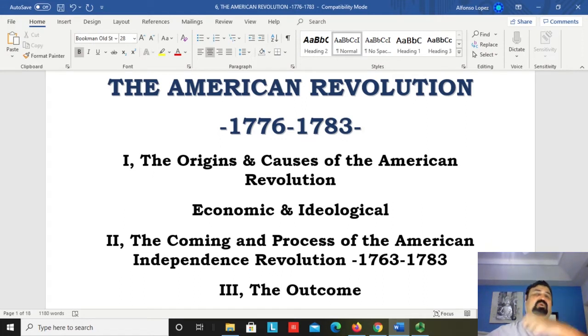So we have to go back in time, not just a few years or even a few decades, but rather, again, going as far back as to look at the early origins of the problems that the colonies were experiencing from Great Britain due to British policies, etc. Even going back as far as the 1600s.